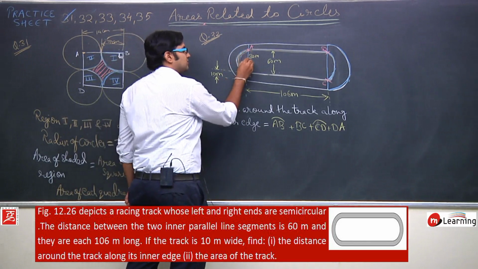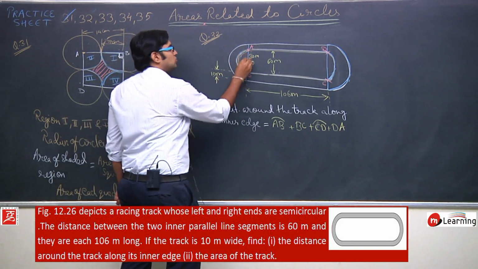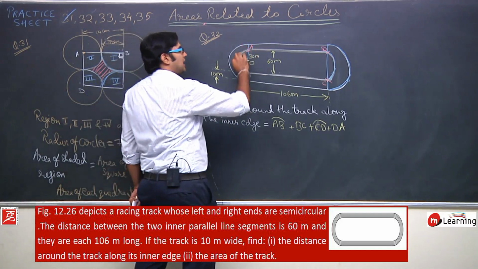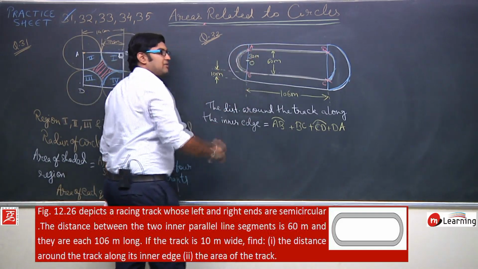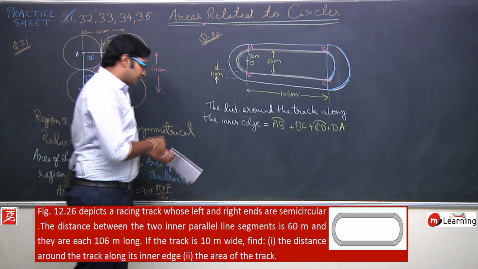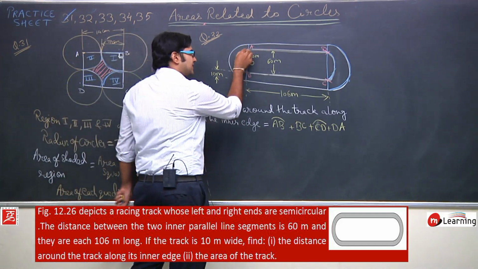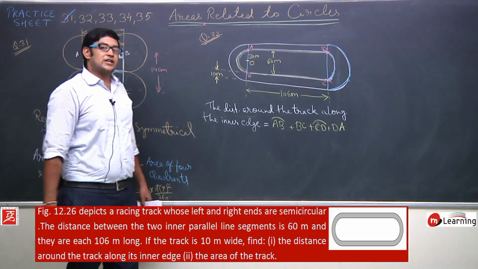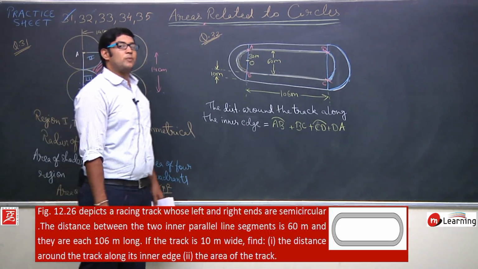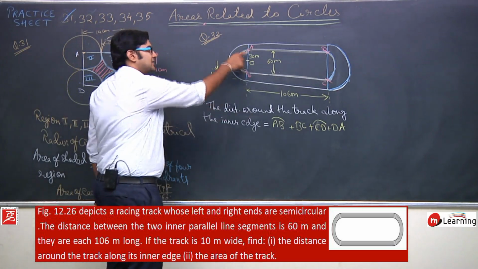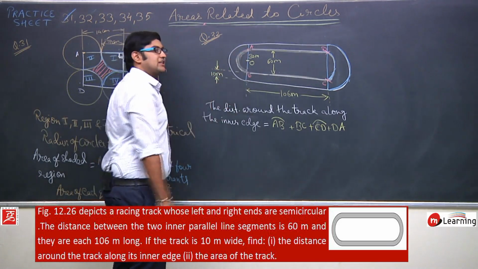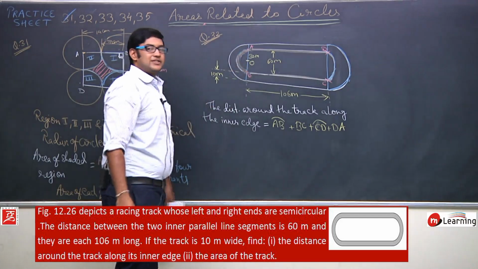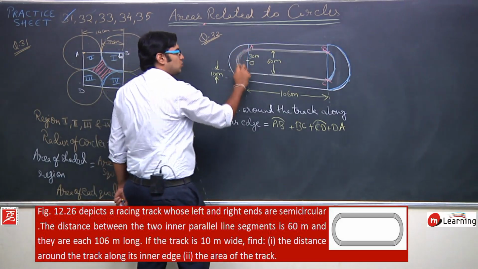Now we have the radius of this, let us say this point is O, so we have the radius OA. What will be the length of this semicircular arc? You know the circumference of a circle is 2 pi r, and it is a semicircle. So the length of this semicircle will be pi into r.